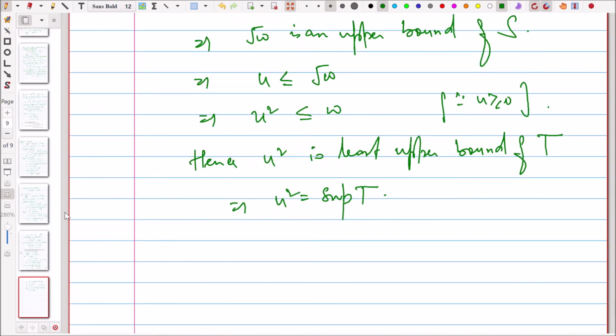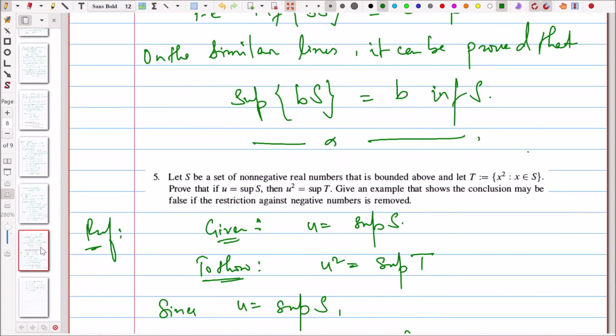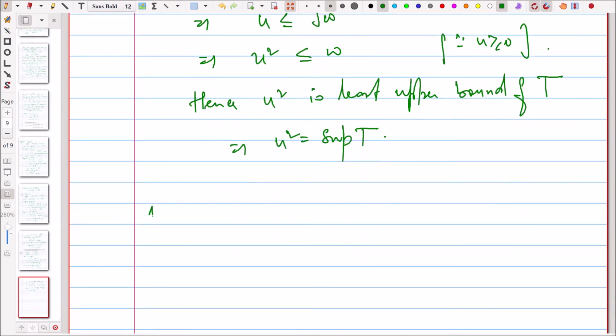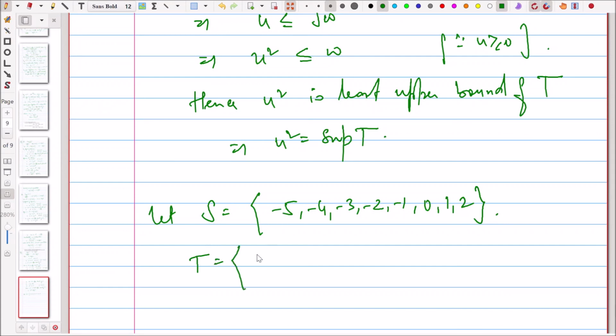Next, we will give an example where we remove the restriction of negative numbers in S. That is, we will consider negative numbers in S, and then we will show that U square may fail to be the supremum of T. Let S be equal to minus 5, minus 4, minus 3, minus 2, minus 1, 0, 1, 2. Then T is the set of squares: 25, 16, 9, 4, 1, 0.